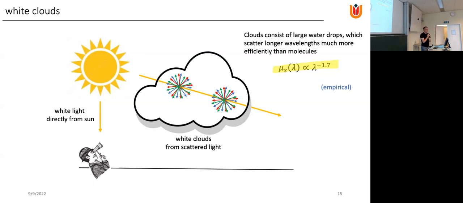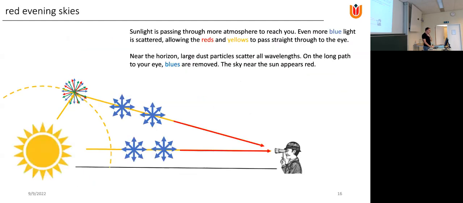Where it scales for small particles with the wavelength to the 4th power, it is now, let's say, quadratic or something. The empirical number is 1.7. So also the longer wavelengths get scattered quite efficiently here. That means that actually all the sunlight is scattered towards your eye, and then it looks whitish.